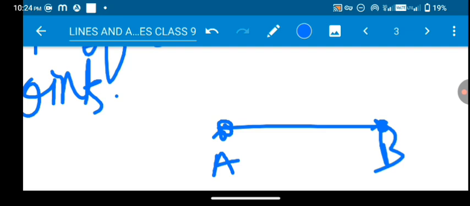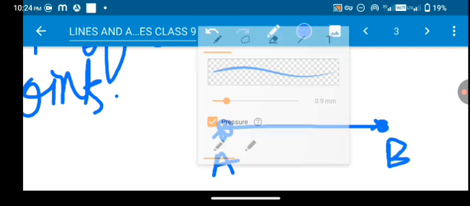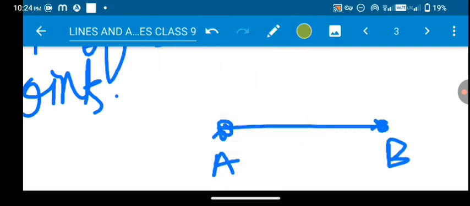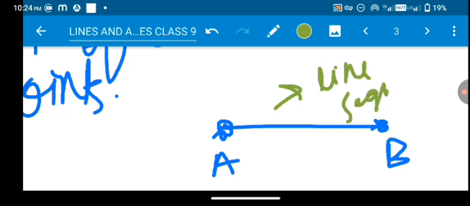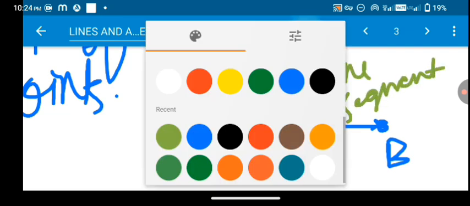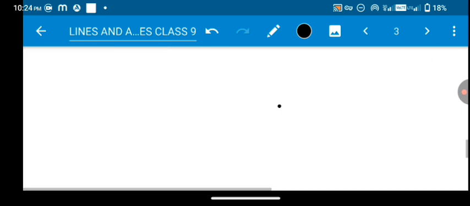AB. This is a line segment. So these are the basic terms. Now how angles form.